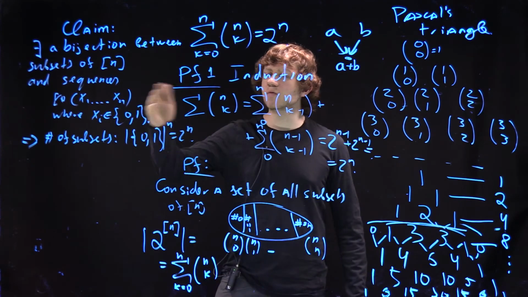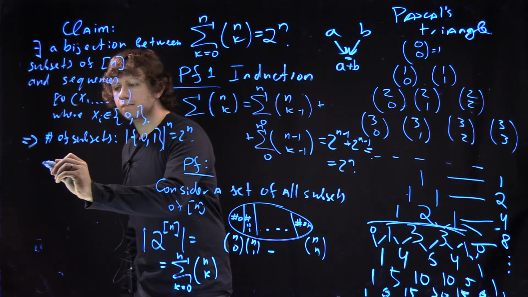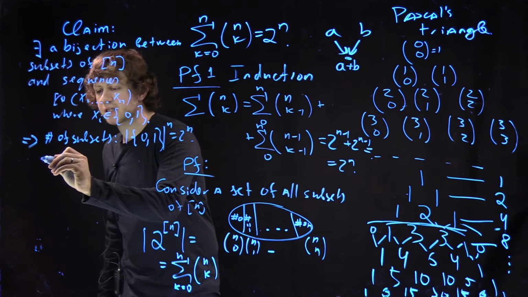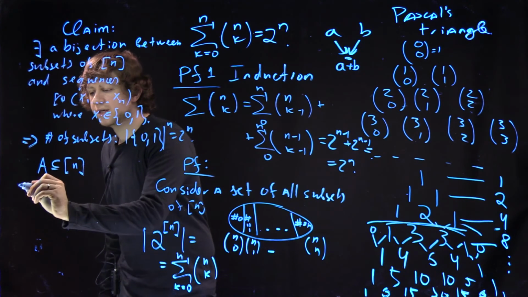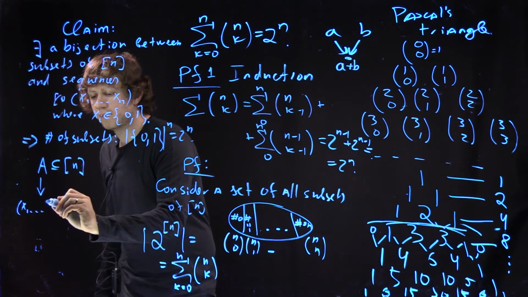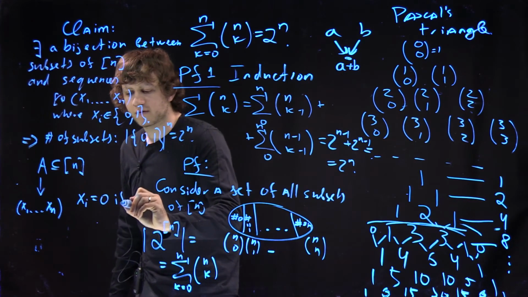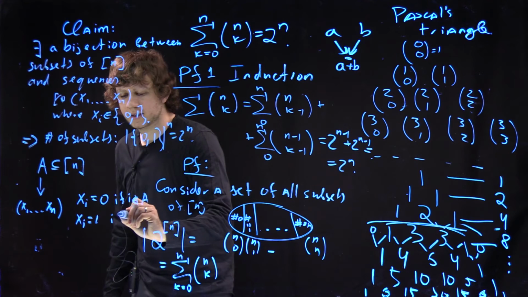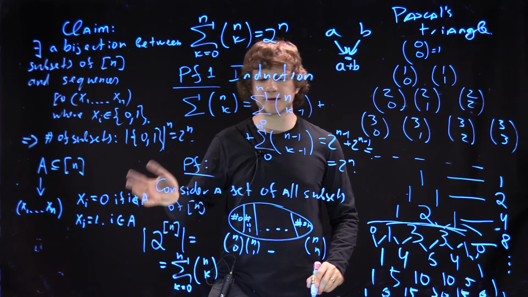Why is this the case and why is it important? The proof is very simple. Let's just code every subset. Suppose you have some subset A inside n, and we write a sequence x1 up to xn, where xi equals 0 if i is not inside A, and xi equals 1 when i is inside A. In this way, our sequence just codes which elements of the set are there and which are not.